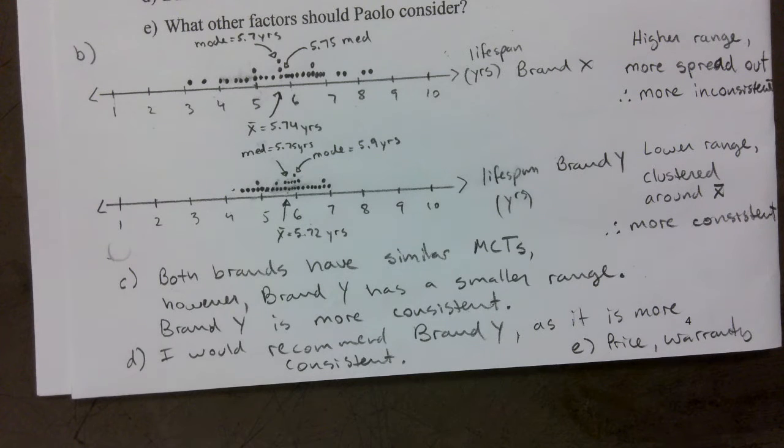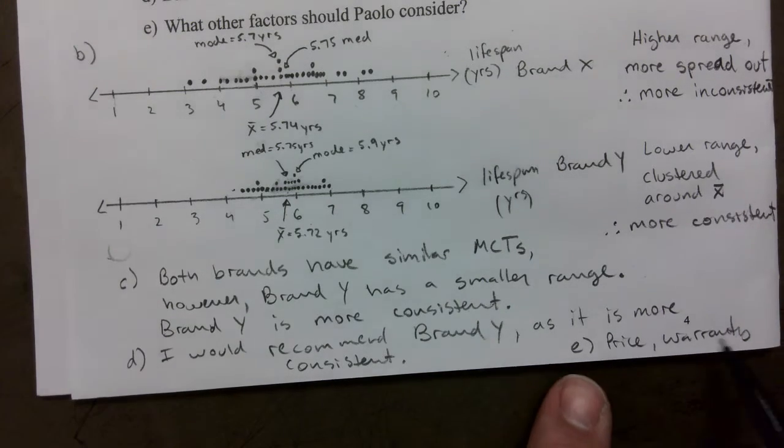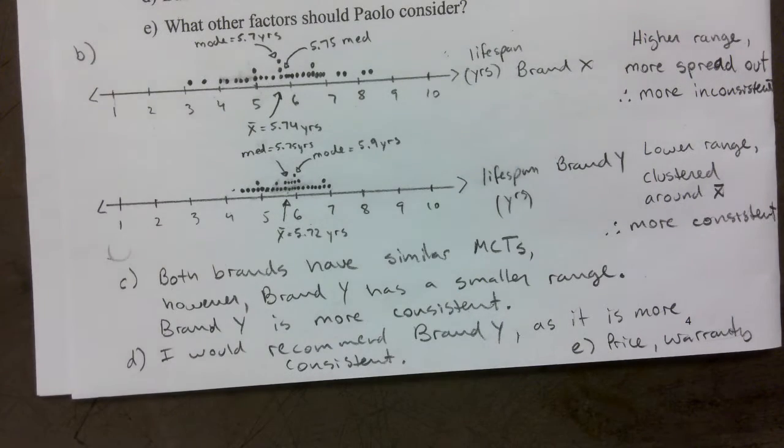Or brand X might offer a really good warranty. So you think, yeah, it's hit and miss, but they have a good warranty. They'll just give me a new one if something goes wrong. So it's not always about the things that I'm teaching you. You should consider other factors as well.